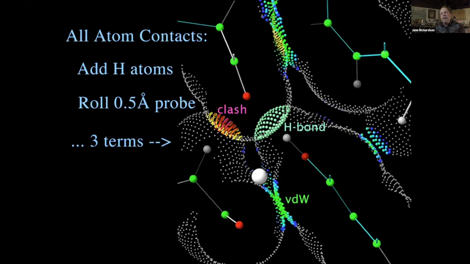The clashes are a little more absolute, but most outliers are done by statistics in very good structures. And the very good structures have small numbers of these outliers. So, 0 means that in one sense you've overfit it. That's not necessarily a bad thing at low resolution, because as Pavel made very clear, you really need a lot more extra information in order to make refinement and model building and refinement work at those resolutions.